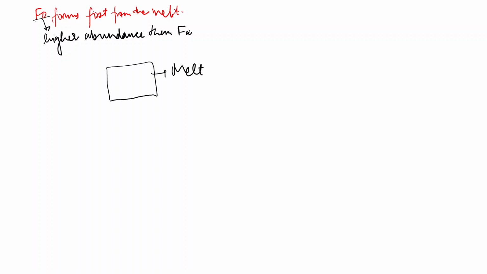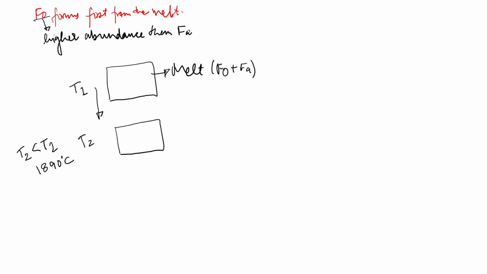This melt consists of forsterite plus fayalite, and right now it is at temperature T1. Now once this magma chamber or melt rises and its temperature goes down to T2, where T2 is less than T1, and suppose T2 is 1890 degrees Celsius, what will happen in the magma chamber?